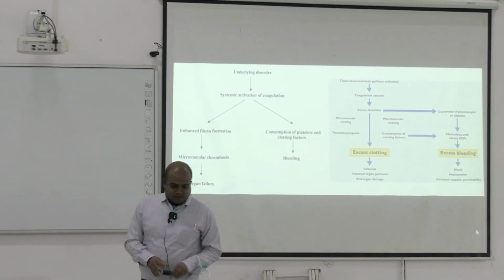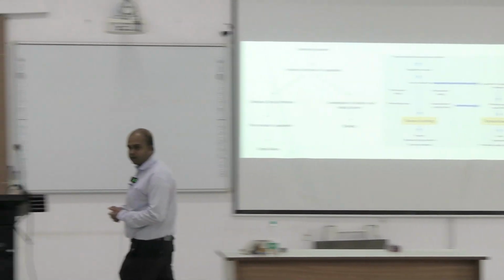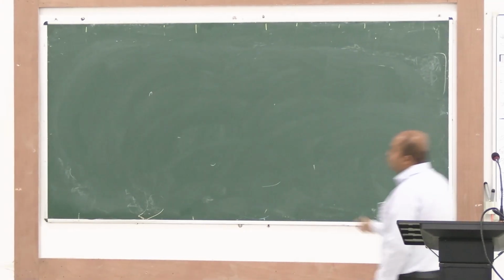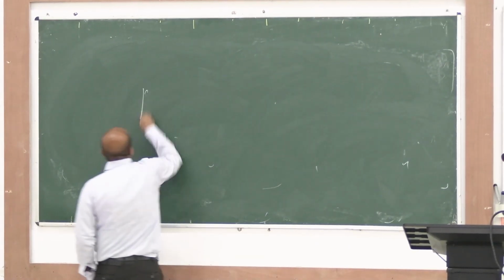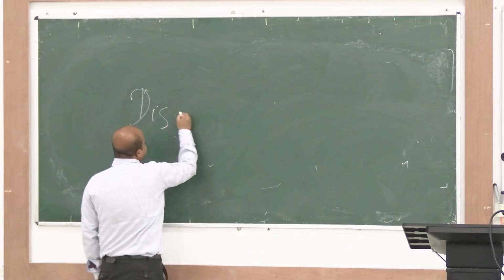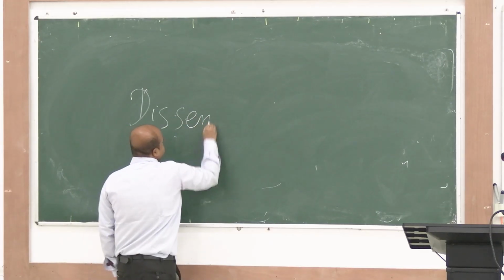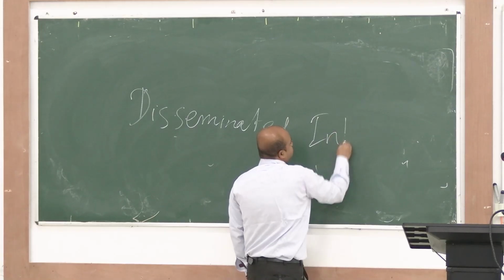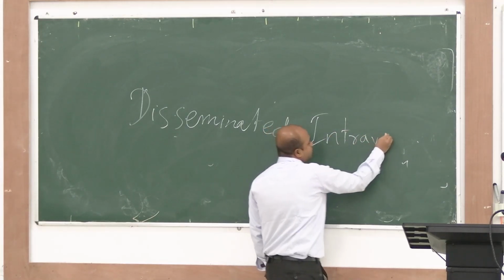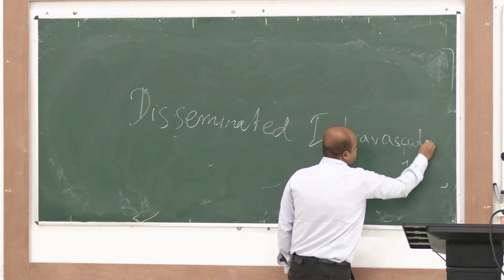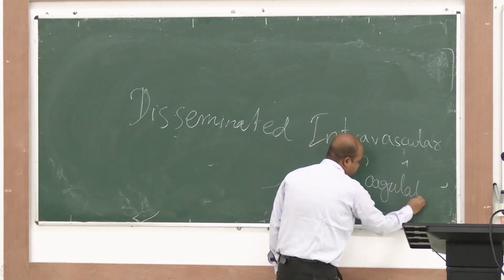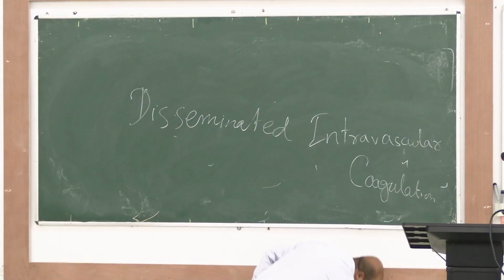And just the last thing on this, not the last, there is an extensive list. Disseminated intravascular coagulation, DIC, is a very commonly accepted one. Intravascular coagulation means within the vascular system.